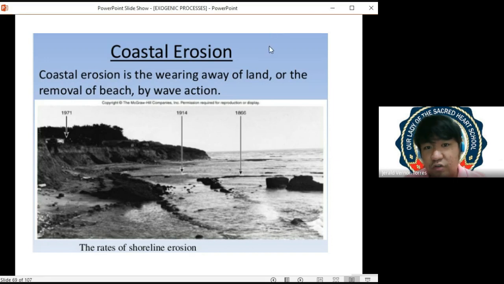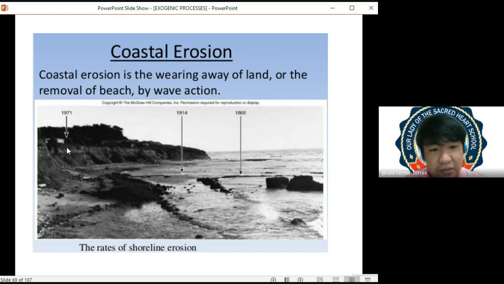And on the picture right now, pinapakita dito, class, paano nagkaroon ng coastal retreat sa isang coastal area. So dati, they are saying that the headland is here in 1866, but over time, due to some wave action, it moved towards here.